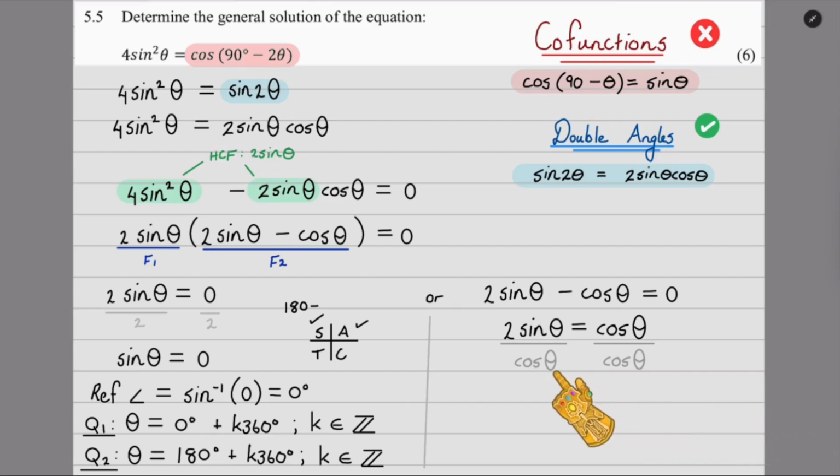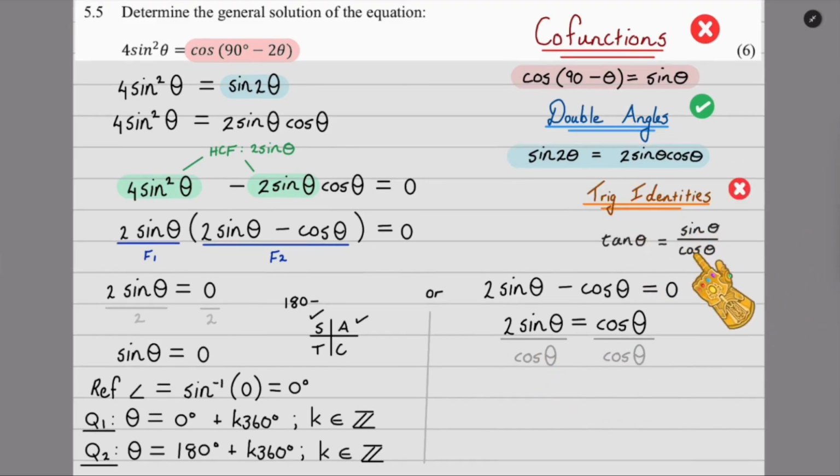And the reason why we do that is so that we can use the trigonometric identity of sine over cos is tan. And remember, you've got to know that off by heart. So this will change into 2 tan theta. The cos terms here cancel and just leave you 1.